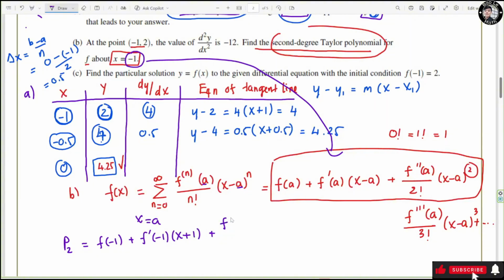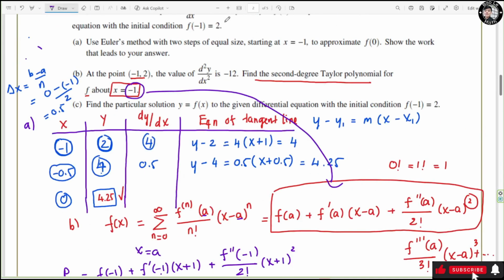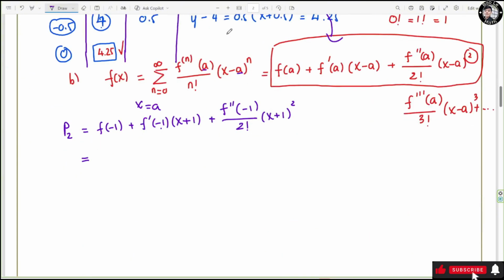Plus f double prime of -1 over 2 factorial times x minus -1, which is x plus 1 altogether squared, right? Now to find the answer, we need to solve for f of -1, right? f of -1 is given right here. It's going to be 2 plus f prime of -1.